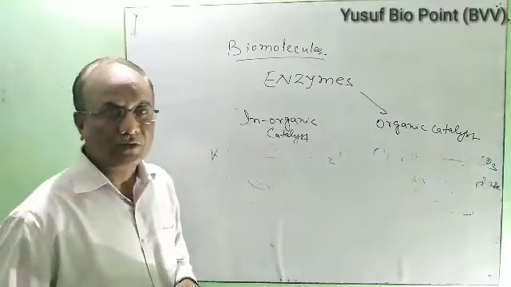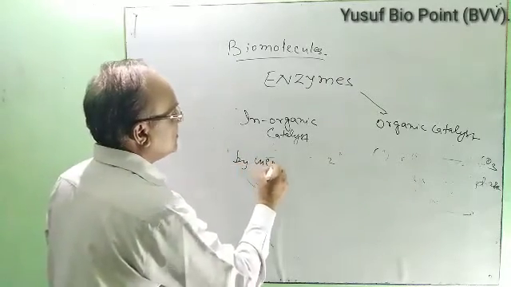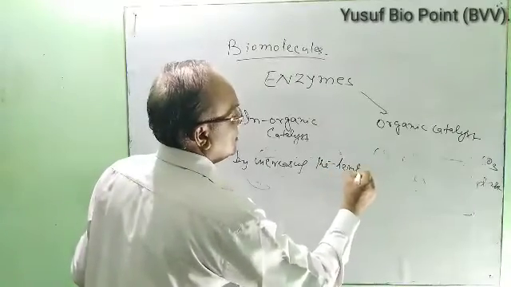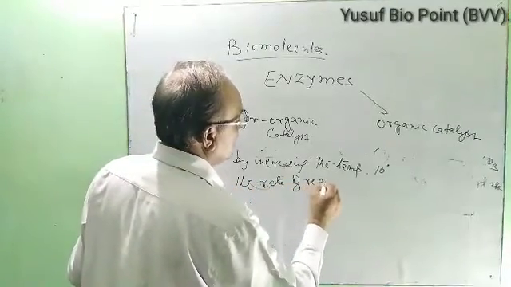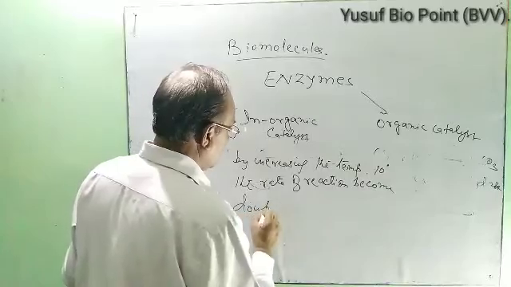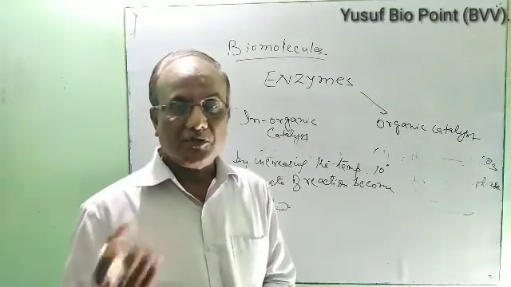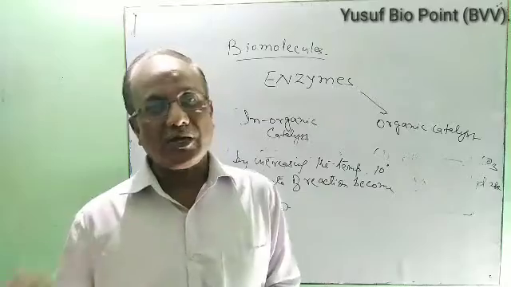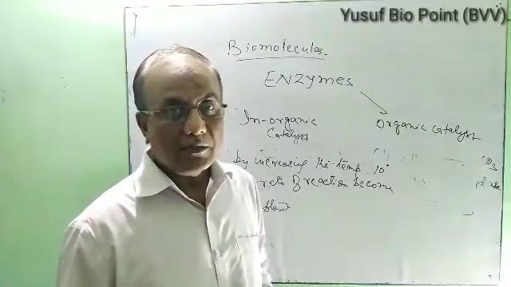Generally it is considered that by increasing the temperature 10 degrees, the rate of reaction becomes doubled. सामान्य ये माना जाता है कि यदि 10 डिग्री सेल्सियस टेम्परेचर को इंक्रीज किया जाए तो रेट ऑफ रिएक्शंस लगभग 2 गुना हो जाएगा. दैट विल बी स्टडी इन योर केमिस्ट्री क्लासेस. एंड देयर आर आल्सो so many factors which affect the rate of reactions.